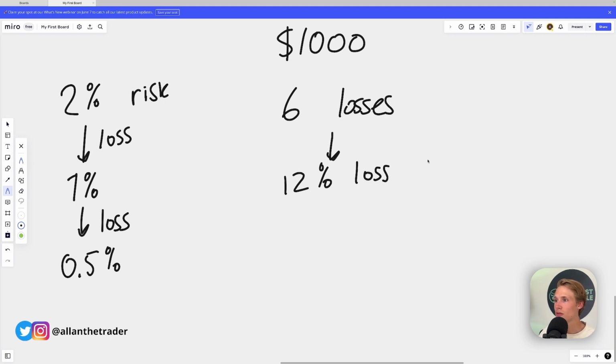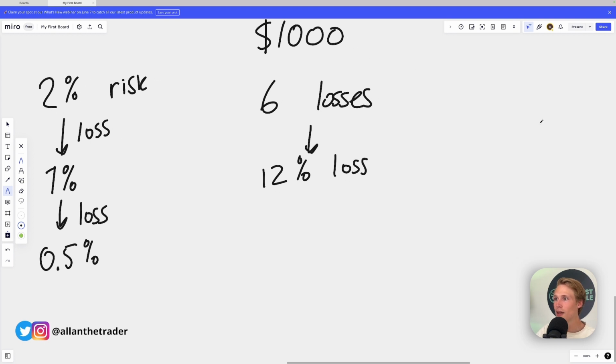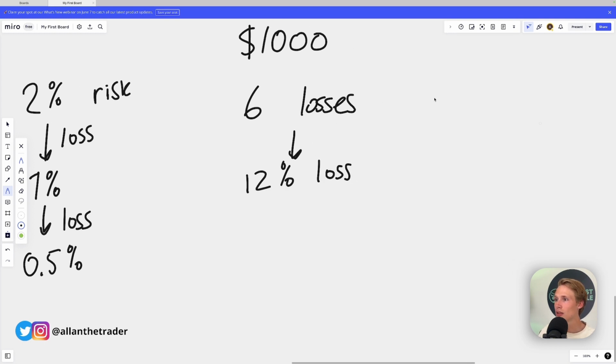If you use this way, so you have 6 losses, but you scale down your risk, if I calculated it correctly, because you cannot easily calculate this, I'm just doing it easily now, okay?